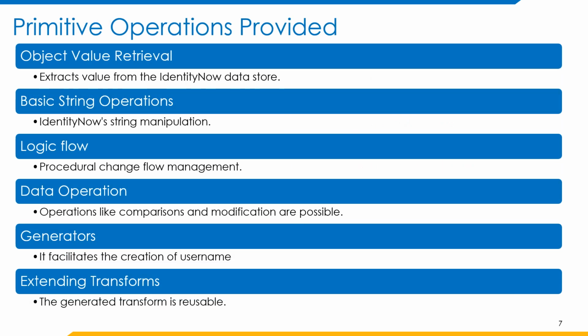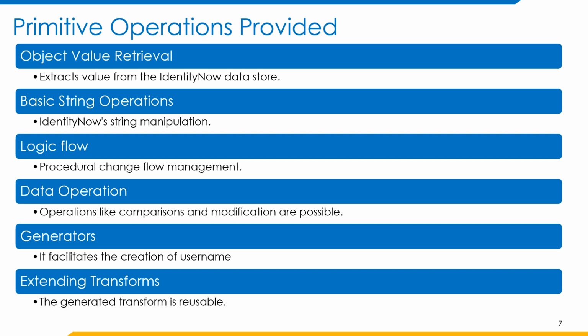Transforms comprise mainly six different parts. Object value retrieval is used to retrieve the values from the inputs we have provided. Basic string operation: in basic string operation, we can keep all the string operations used for making transforms. Logic flow: in logic flow, we can do conditional operations.